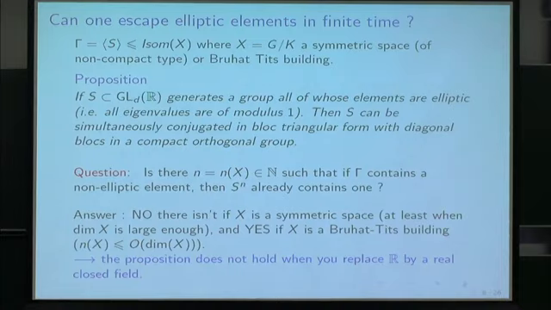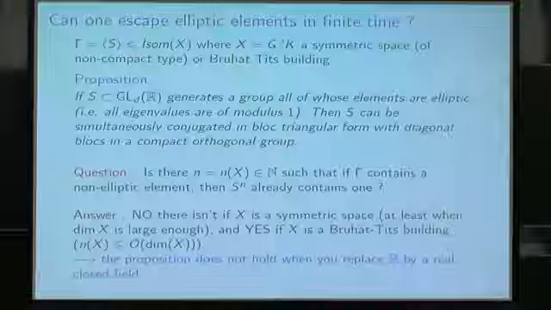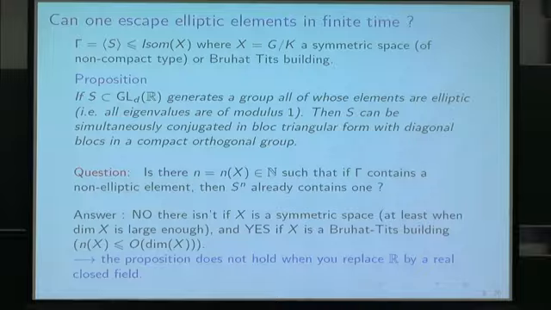I put a comment here that this proposition does not hold when you replace the real field by a real closed field, like the ultrapower of R, or like these Robinson fields that Mark Burger likes to talk about recently.